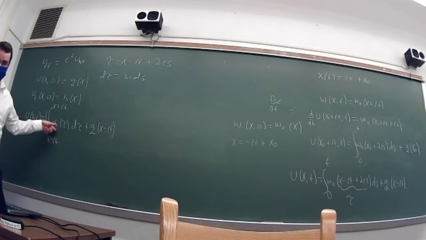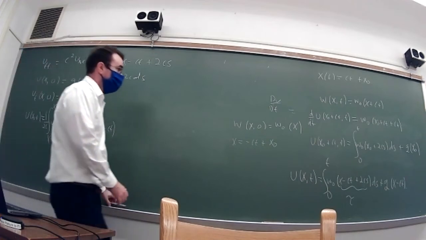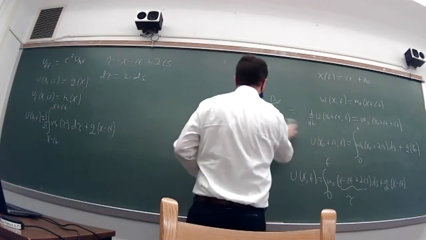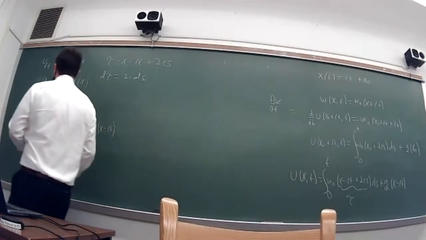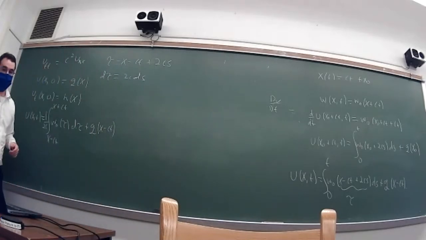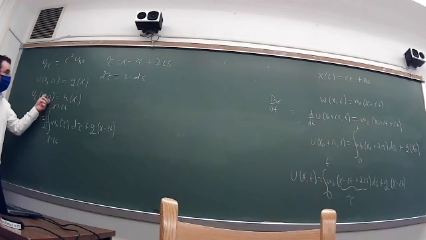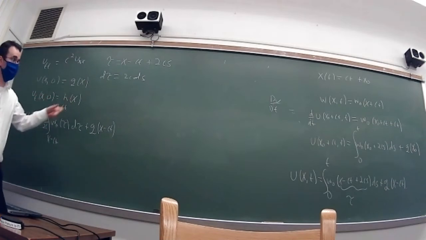So let us figure out W naught. Remember, I want to use the equation u_t at t equals 0 gives me h of x.